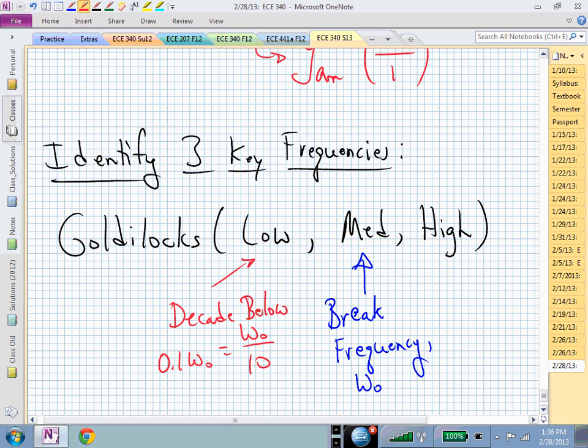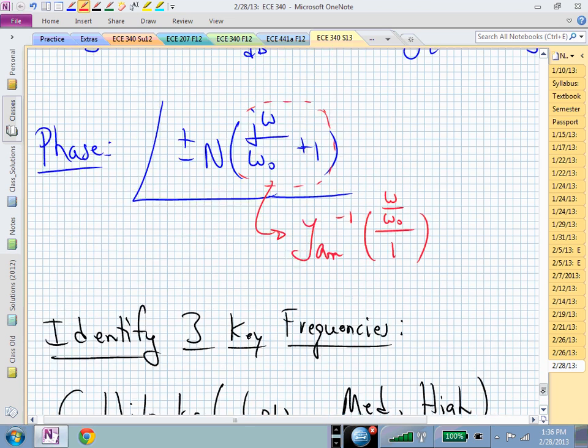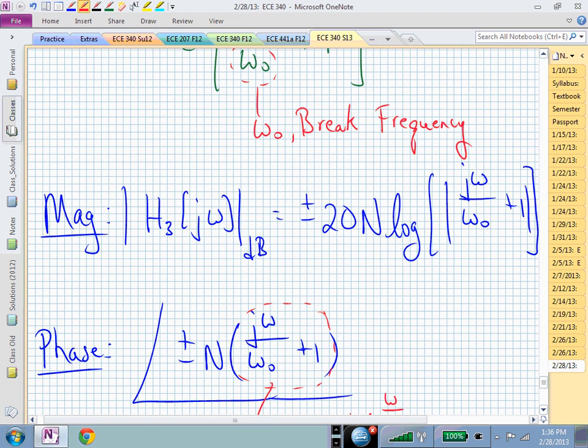And the high, then you can guess what that's going to be. That's a decade above, or a factor of 10, bigger than omega naught. Let's now look at these magnitude and phase factors at those three different frequencies.